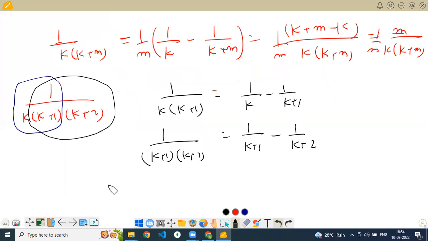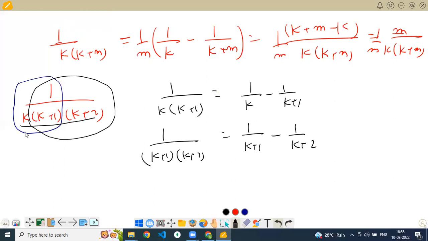Okay. But I want this. So if I add this, these two will cancel out, so it's 1 by k minus 1 by k plus 2.